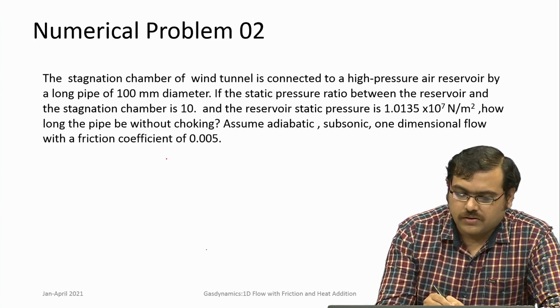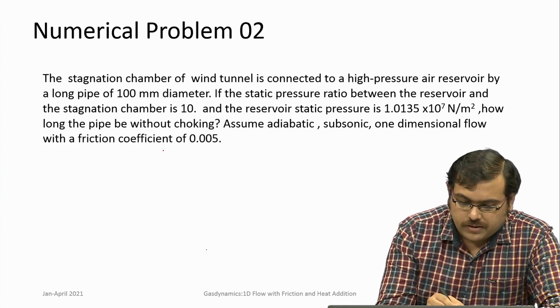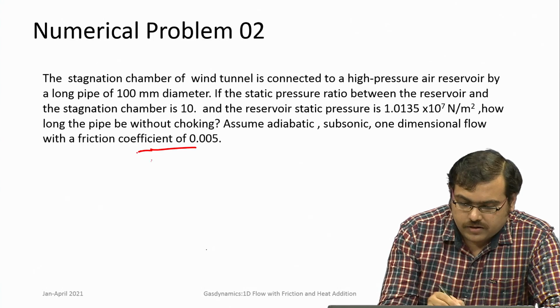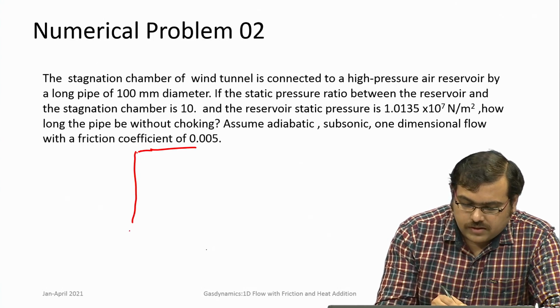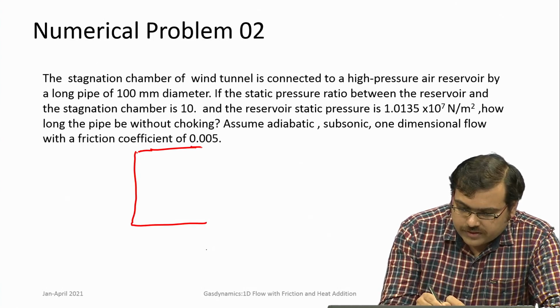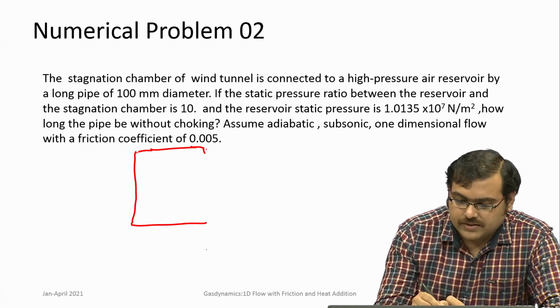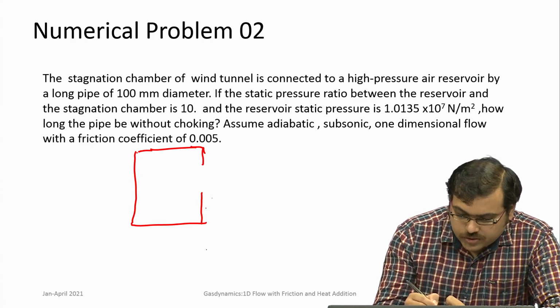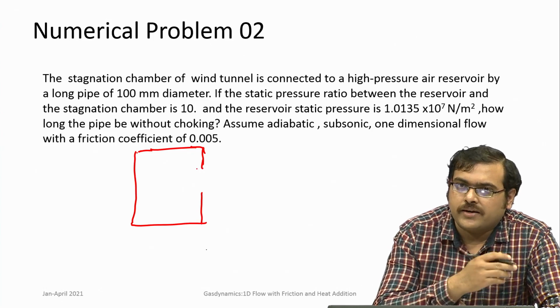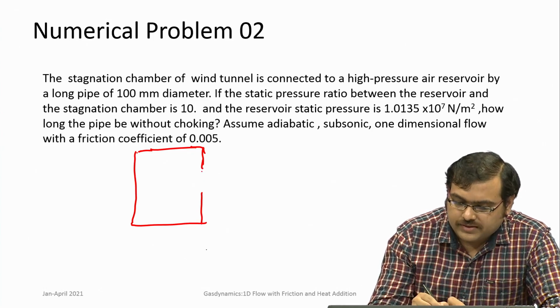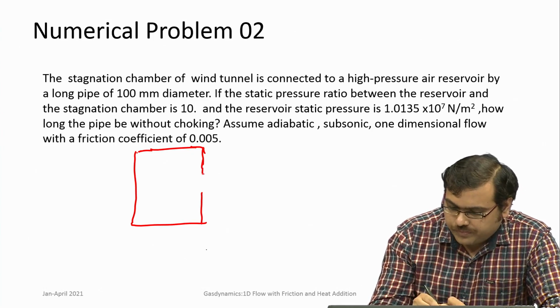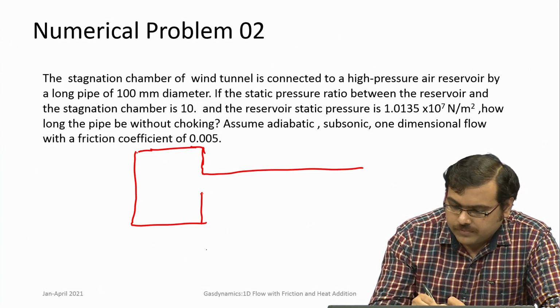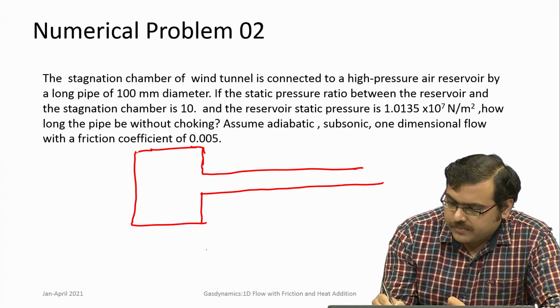This is a sort of applied problem where you are considering wind tunnels, and we had looked at how wind tunnels look in the previous classes. They usually have air reservoirs which are located quite far away from the test section. So, it is a relevant problem, and they are connected by pipes.